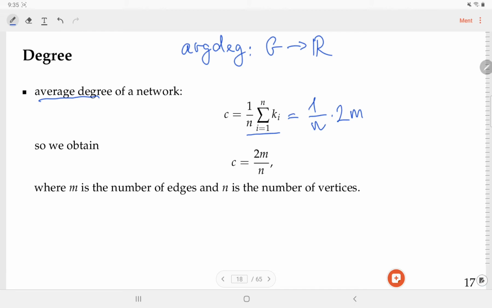So basically this is what we get here downstairs. That's the message: the average degree can always be calculated without visiting the nodes. The only thing we need to know is the cardinality of the node set and the cardinality of the edge set, and then we can calculate the average degree as 2m divided by n.